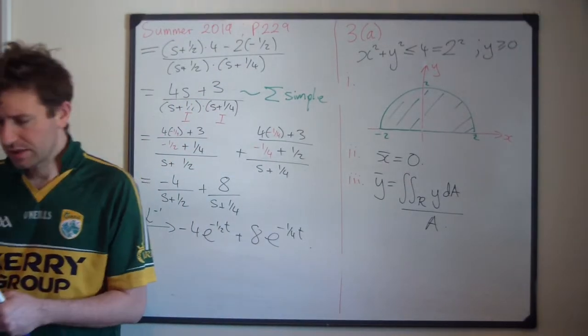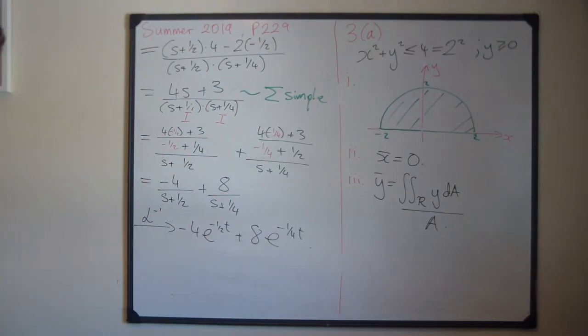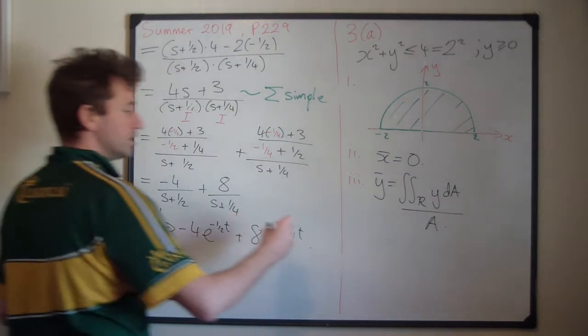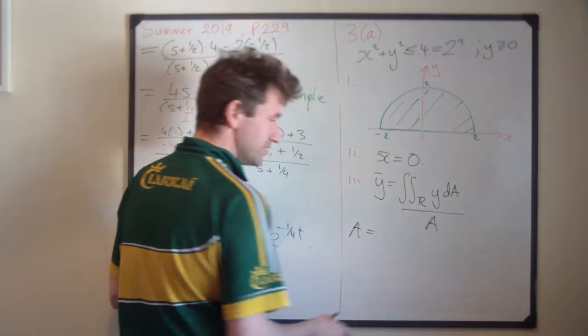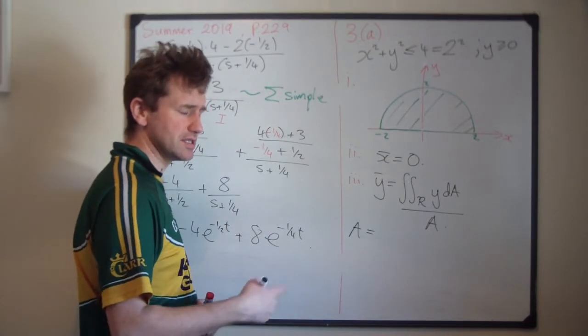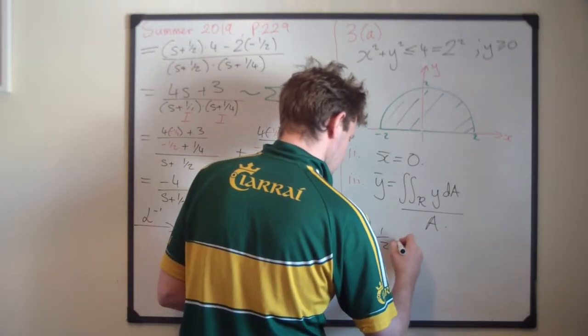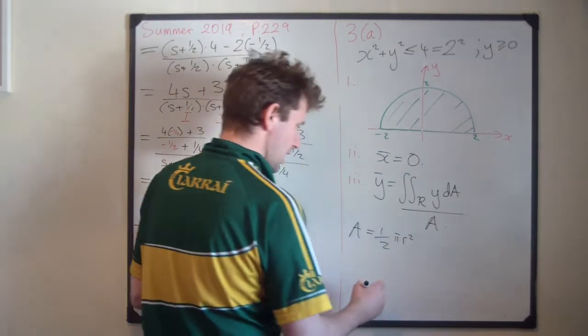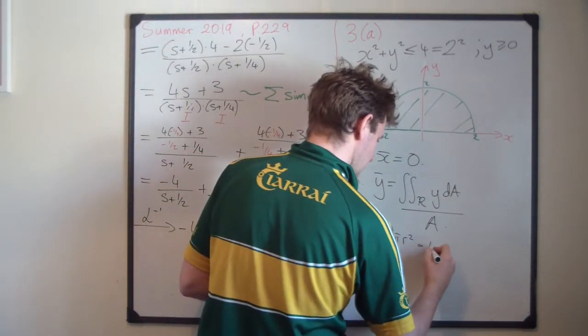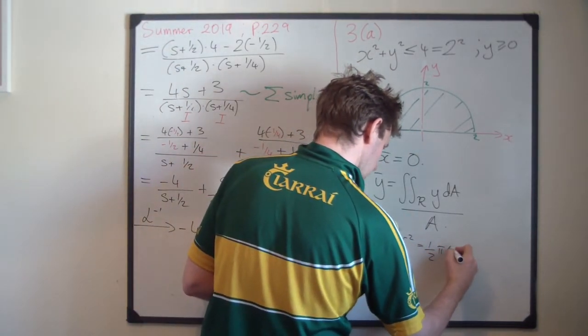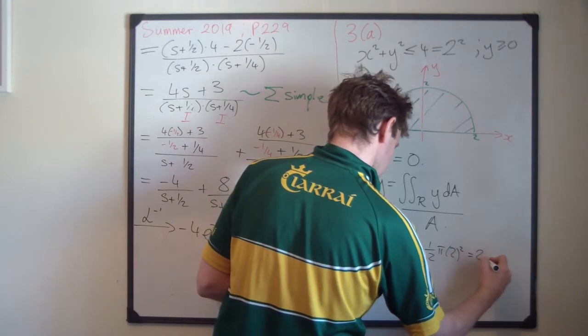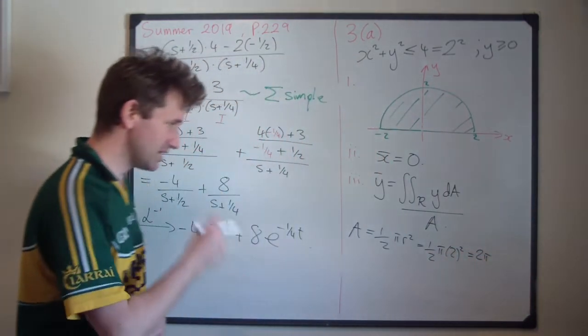The area you can just calculate as normal because it's a semicircle. The area of a circle is pi r squared. This is half a circle, so it's half pi r squared, and the radius is 2, so it's half pi times 2 squared, which is equal to 2 pi. You can approximate that later if you want.